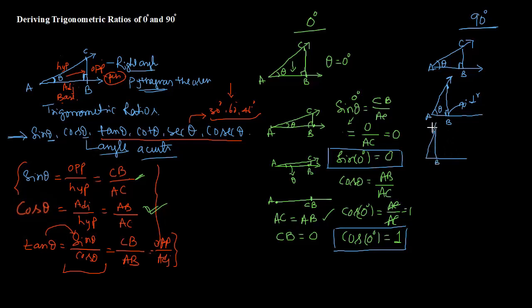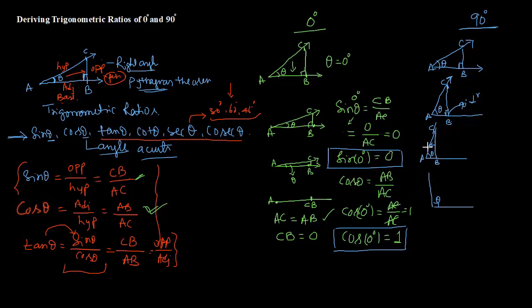This is C, that is A, and that is theta. So when theta suddenly becomes 90, what is this line? The line is actually going closer to AC.